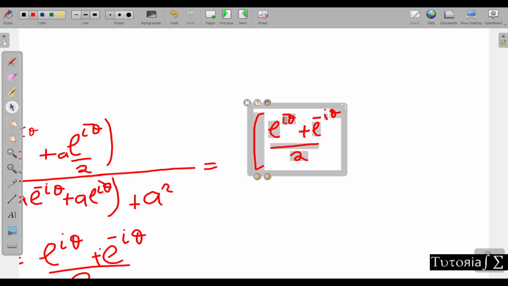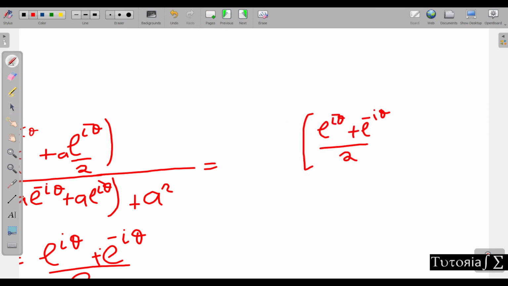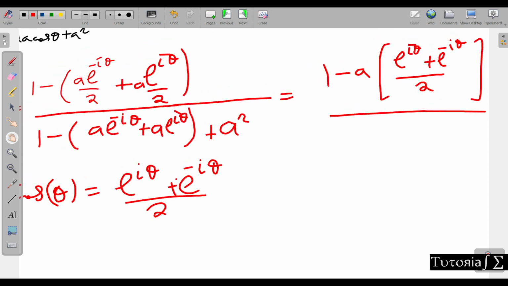It will be 1 minus a. We factor out the common a there. Then at the bottom, for us to have a 2 at the bottom here, we need to introduce a 2 here. So we have 1 minus 2.